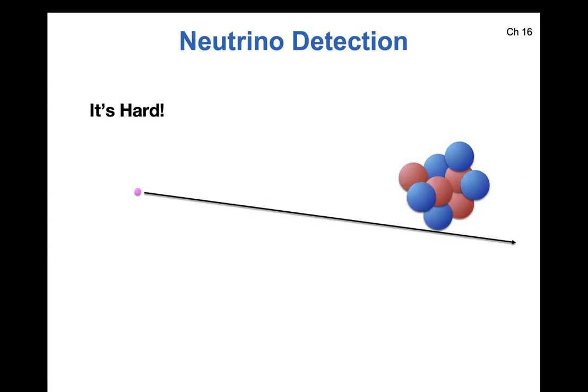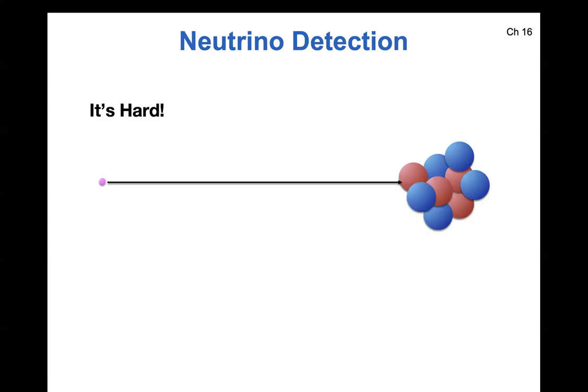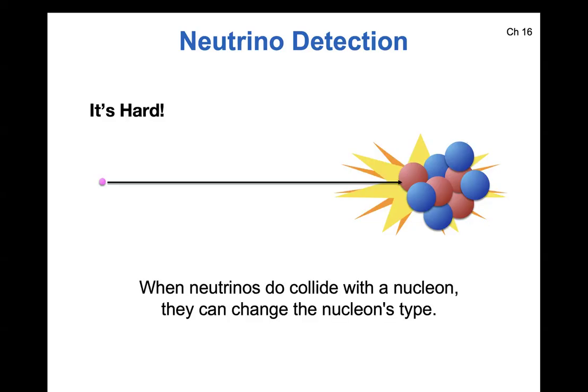Neutrinos can just pass through things. Only under just the right conditions, which are very unlikely because you can't set up the conditions since you don't know where the neutrinos are coming from, is there some small chance that if the neutrino comes in at just the right angle, it can hit a nucleon head on and actually cause a reaction.